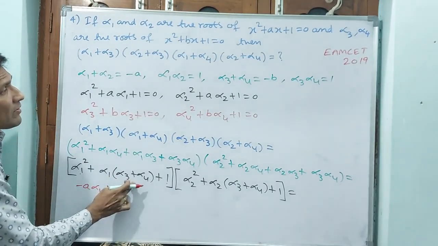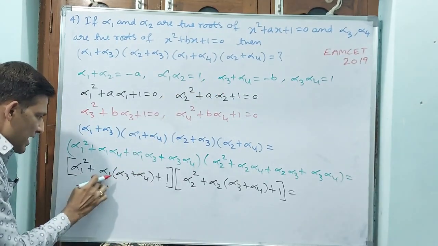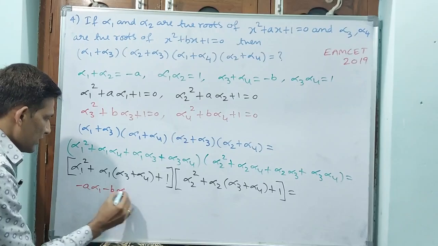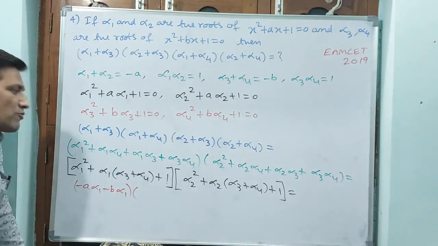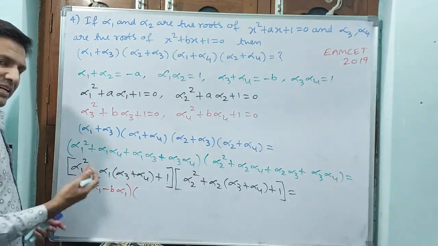Alpha 3 alpha 4 is 1, plus minus b alpha 1, minus b alpha 1. You can also write plus minus b alpha 1, but we need not go that far. We know these are only addition and subtraction; I can take minus common afterwards.